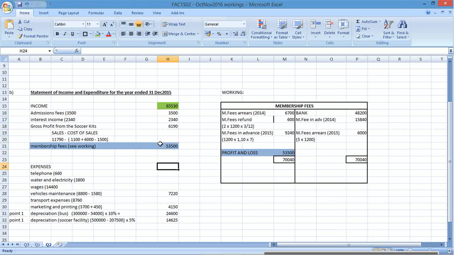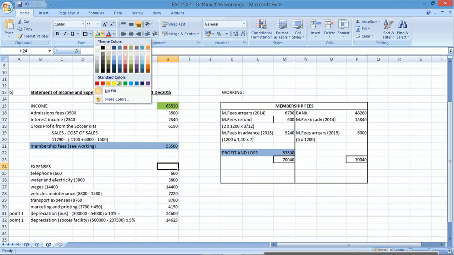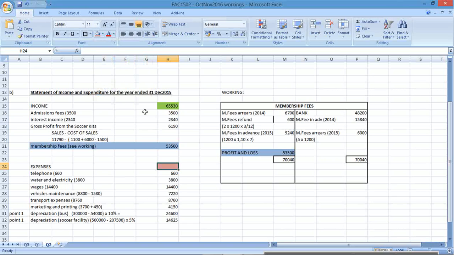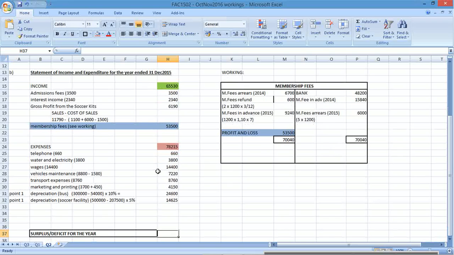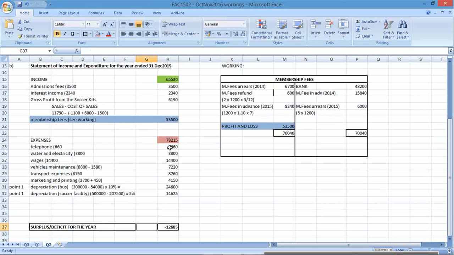And then expenses, 660, 38, 14,400. This didn't change. Okay, total for the expenses. Okay, oh, this club's not in a good position. Not doing so well. Income minus expenses gives you a deficit. Okay, so this should be deficit for the year.